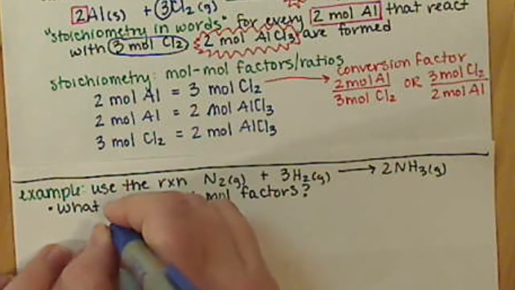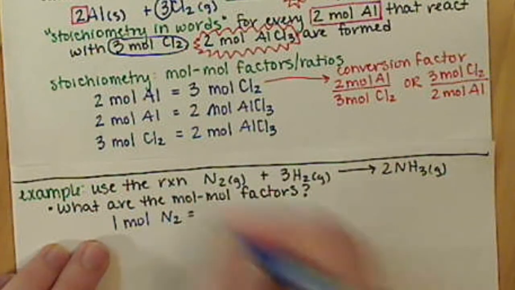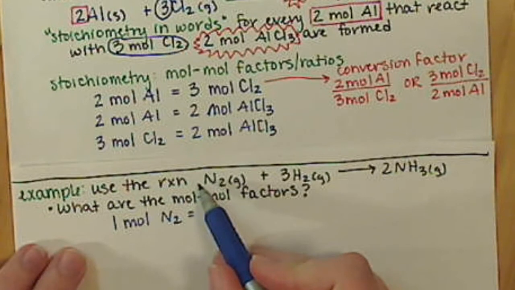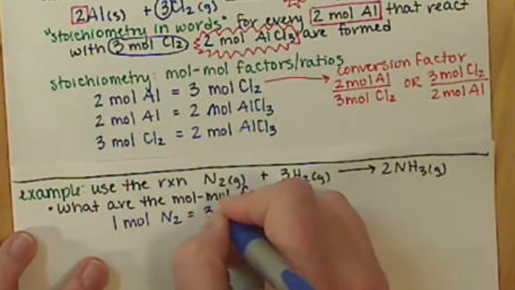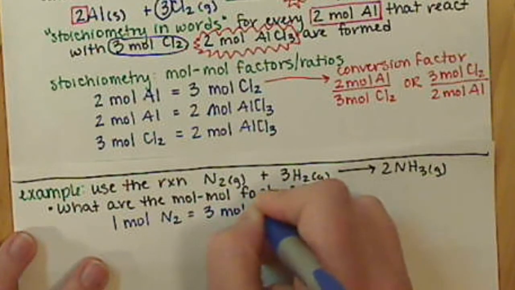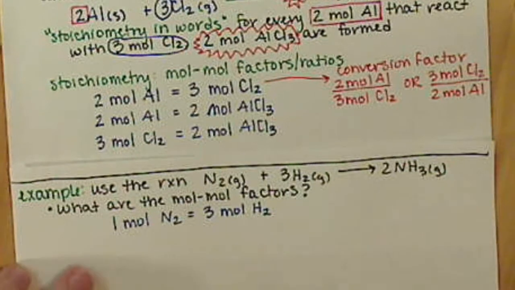We have 1 mole of nitrogen, from the coefficient out in front, and the mole-to-mole factor with hydrogen is 3 moles of hydrogen, taken from that coefficient.